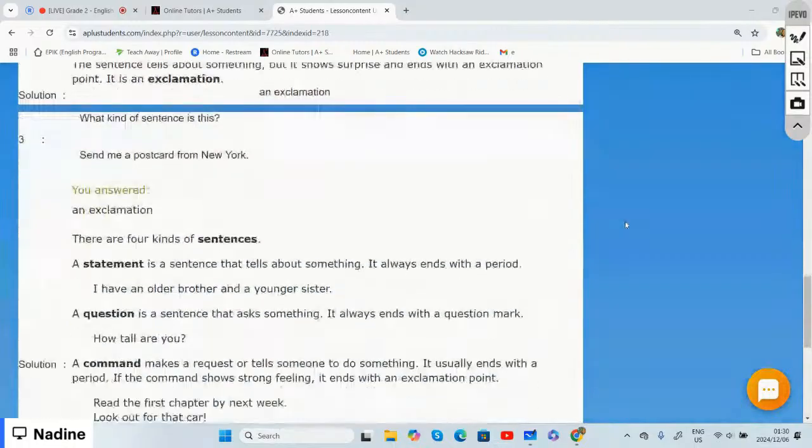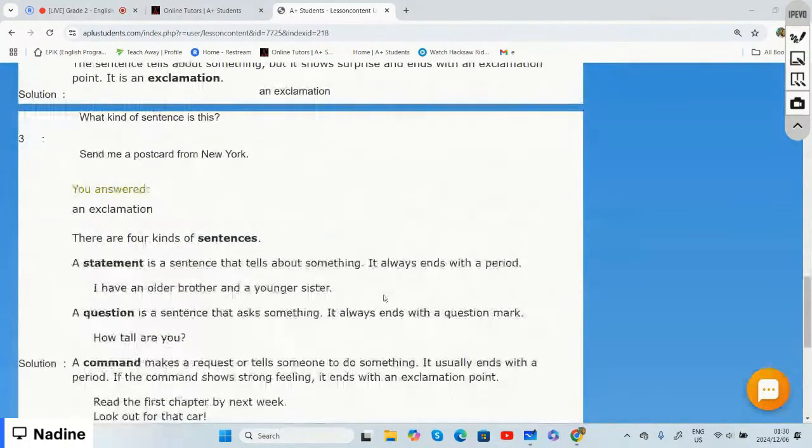Let's look at the last one and then we're going to our test. We need to say what kind of sentence this is. It says, send me a postcard from New York. What type of sentence is that?